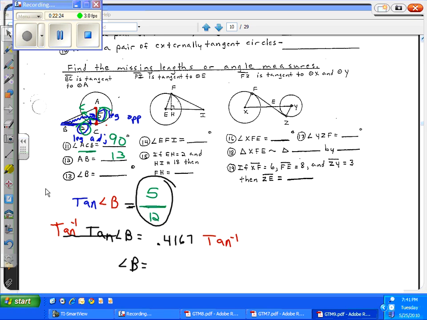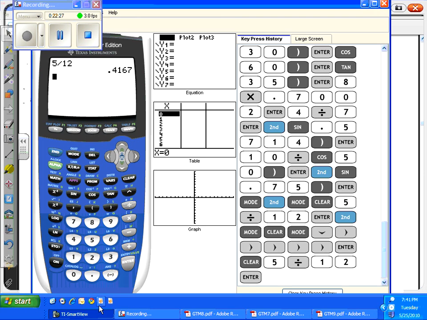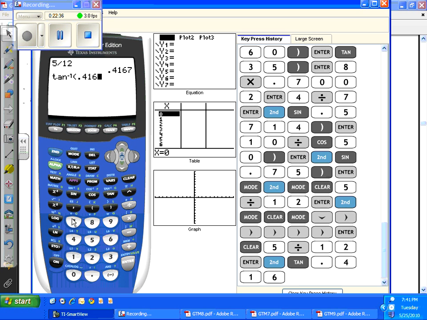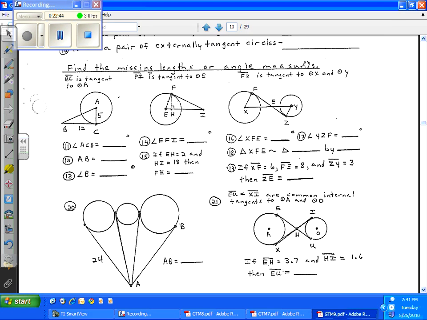So we're going to go back to the calculator. Second tangent, inverse tangent, 0.4167, close, enter, 22.62 degrees rounded, 22.62 degrees.